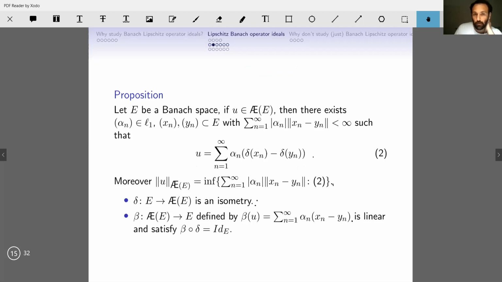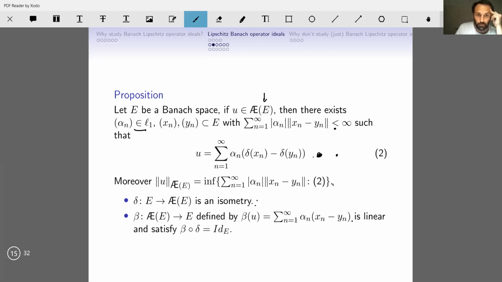I will just use some properties that we have of this space. First, we have a way to describe some elements of the Lipschitz free space. For a Banach space E, an element u belongs to the Lipschitz free space of E if we can describe it using a sequence in little l1 and sequences xn and yn in E with this condition, and here we have the description. Also, using this description, we can compute the norm of that element.